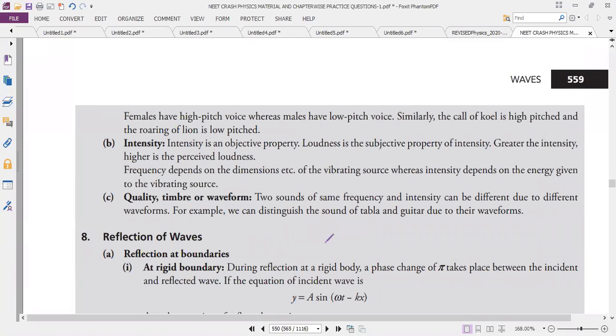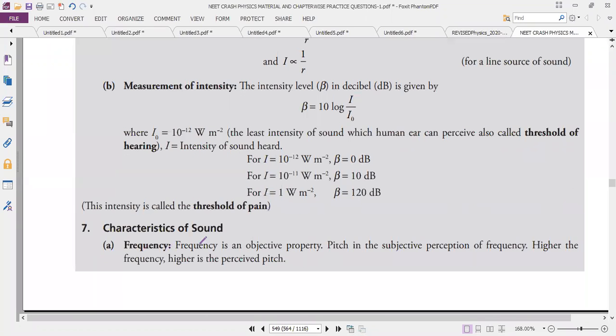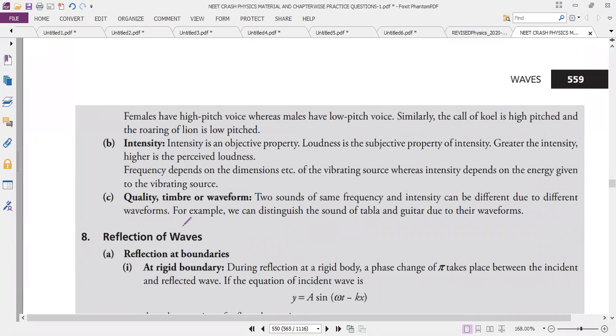So these are the characteristics of sound: frequency, intensity, waveform, or quality.